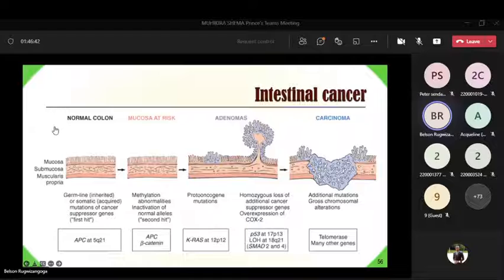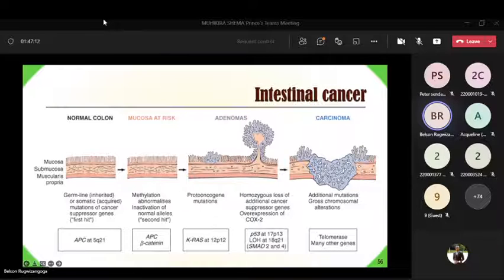Of course, when you look at the mucosa, you don't see changes. But as time goes on, if this mutation persists, the mutated cells are not killed or the mutations are not corrected, then further mutations will come, such as KRAS, which is on chromosome 12, short arm, region 1, 2.